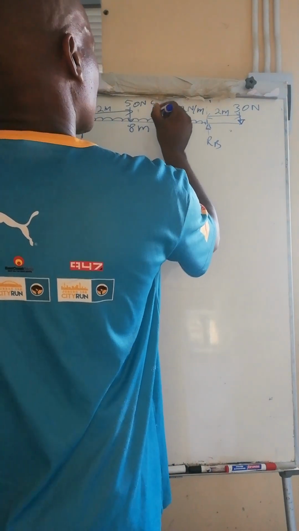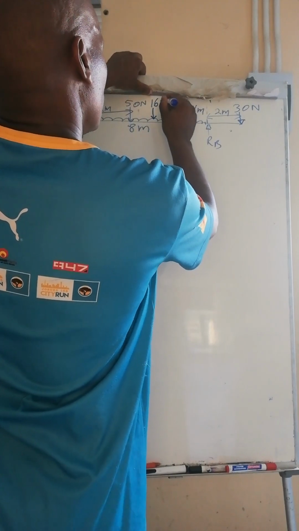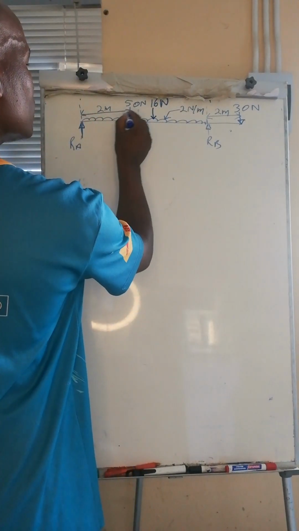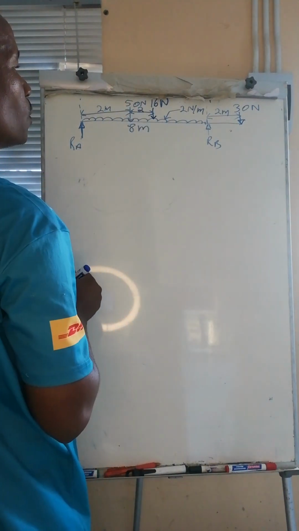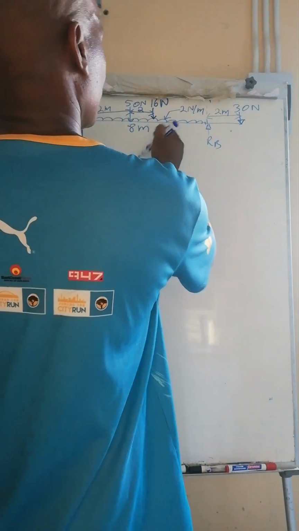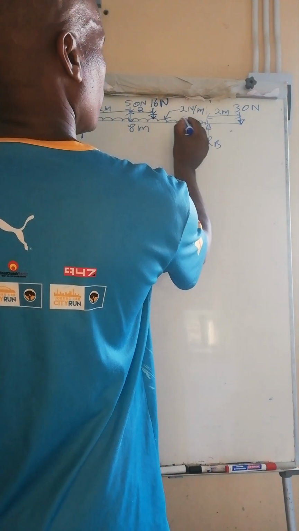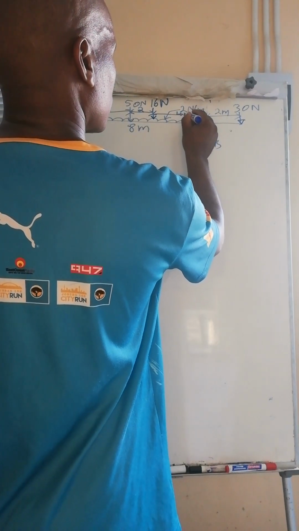So 8 times 2 is equal to 16 newtons, and the distance here is 2. That distance is 2, and then this distance from here to there is 4 meters.